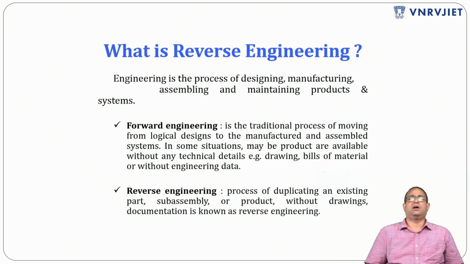In the previous classes we had seen that from an STL file we import, and finally we obtain the physical part, digital to the physical part. But here, physical part to the digital part is obtained. That digital part is processed in the CAD software, converted to STL, and then sent to the printer.